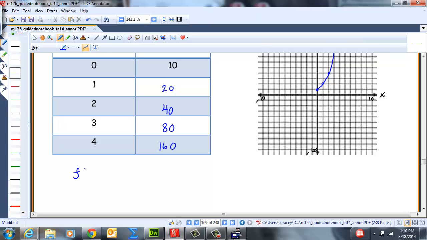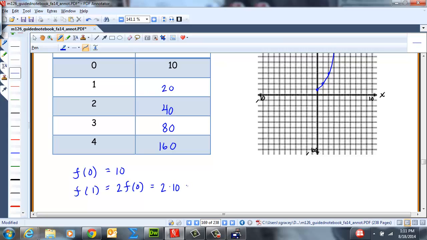So we have f at 0 was equal to 10. And then we were talking about how f at 1 was equal to double f at 0, which was equal to 2 times 10.